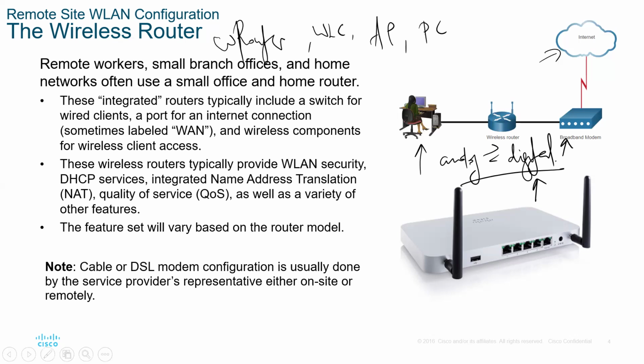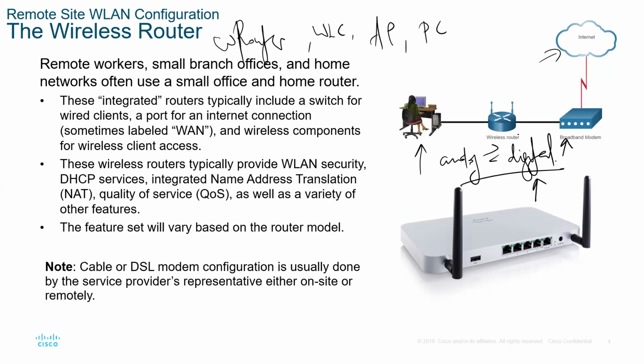But if you have an analog signal, then there is a need for a modem that converts the analog signal to digital. Then the digital signal is easily readable by your router and by the clients on the network. So that's why we have a modem right here.